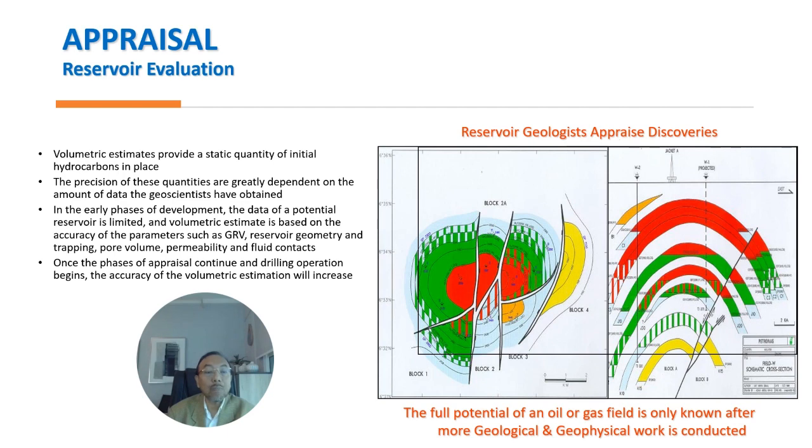Once the phases of appraisal continue and drilling operation begins, the accuracy of the volumetric estimation will increase. The purpose of calculating volumetric estimation is to evaluate a reservoir and calculate the potential reserve of the reservoir. Once drilling has started, pressure and production data is collected, giving a greater insight into the volume that needs to be evaluated.